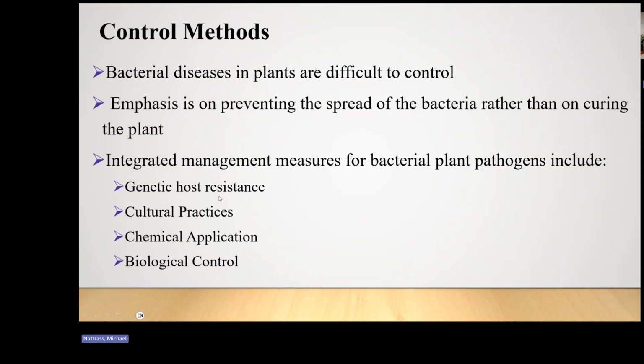So what we want to do is look for plants that have genetic host resistance. We can build this in so that our cell walls are stronger to attack against that pathogen. We have cultural practices, chemical application, and biological controls, which we'll talk more about in module 3.